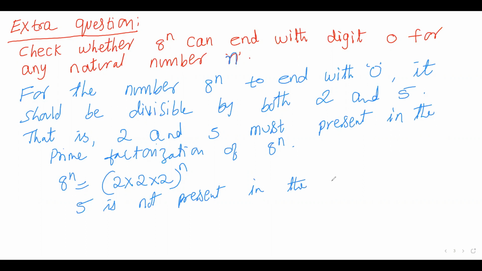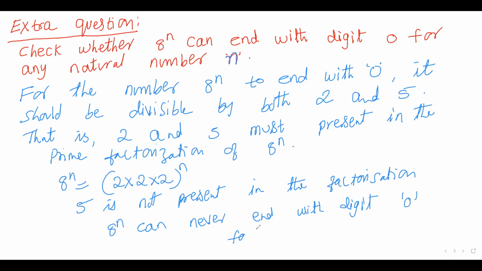So what is the conclusion? 8 power n can never end with digit 0 for any n belongs to natural number. You put any natural number, it is not going to end with digit 0. Why? Because it does not have 5.